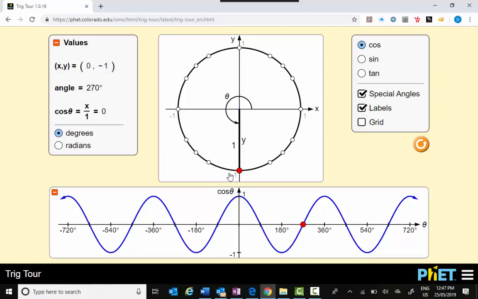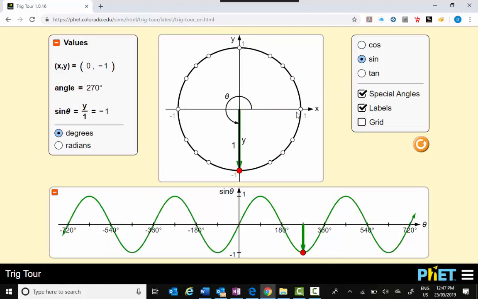Keep working our way around here. At 270, we know that cosine's 0, sine's negative 1, and at 360 degrees, we know that sine is 0 and cosine's 1. But you can see the nature of the graph as it goes around here. That's for cosine.